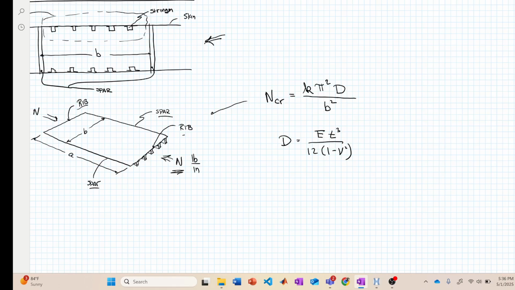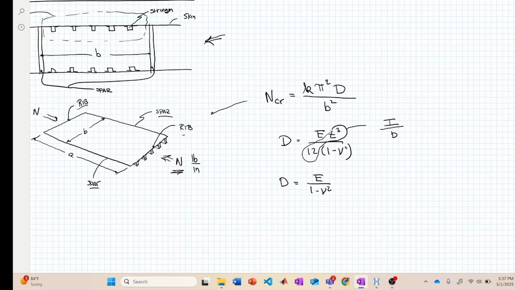But as we've talked about in the previous classes, this quantity can be thought of, for a plate, as the I of the plate per the length, I through B. So for us, I prefer thinking of this as E over 1 minus Poisson's ratio squared.